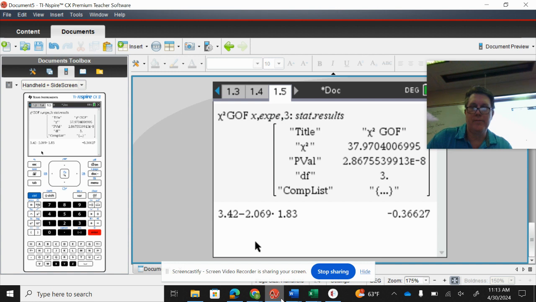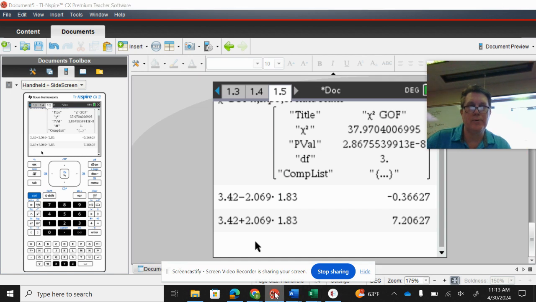We do the negative, we get negative 0.37. Then we do the positive value, 7.2.